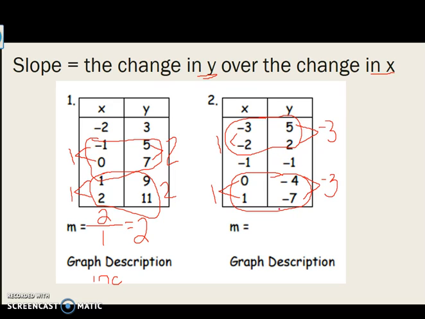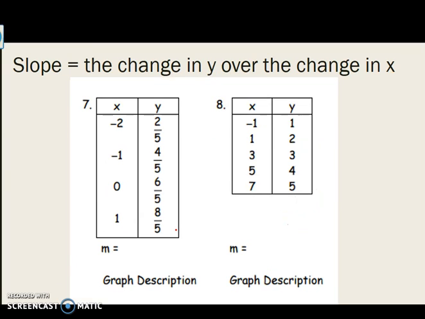They're going into the negatives. So then the change in y was -3, and the change in x is 1. So if I'm going to simplify that, I'd write it as just -3. And since the slope is negative, that means the graph would be decreasing. And that's what I would write there, that the graph is decreasing.